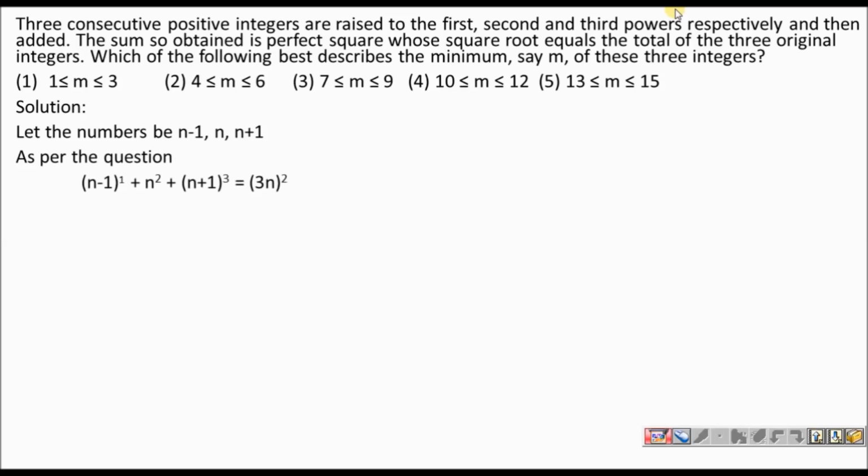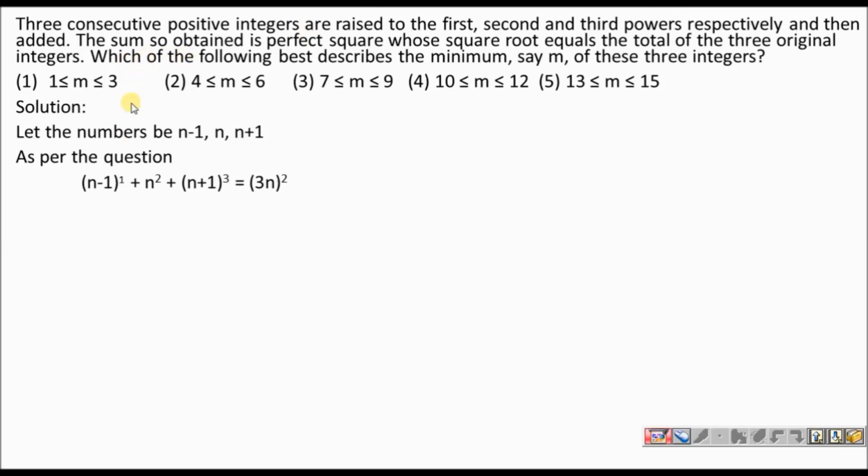Okay? So let the numbers be n minus 1, n and n plus 1. As per the question, if I raise n minus 1 to the power of 1, the second number n to the power of 2, and n plus 1, the third number, to the power of 3, and I take the sum of all three, then the number obtained, if I take the square root of that, will be equal to the sum of the three original numbers.